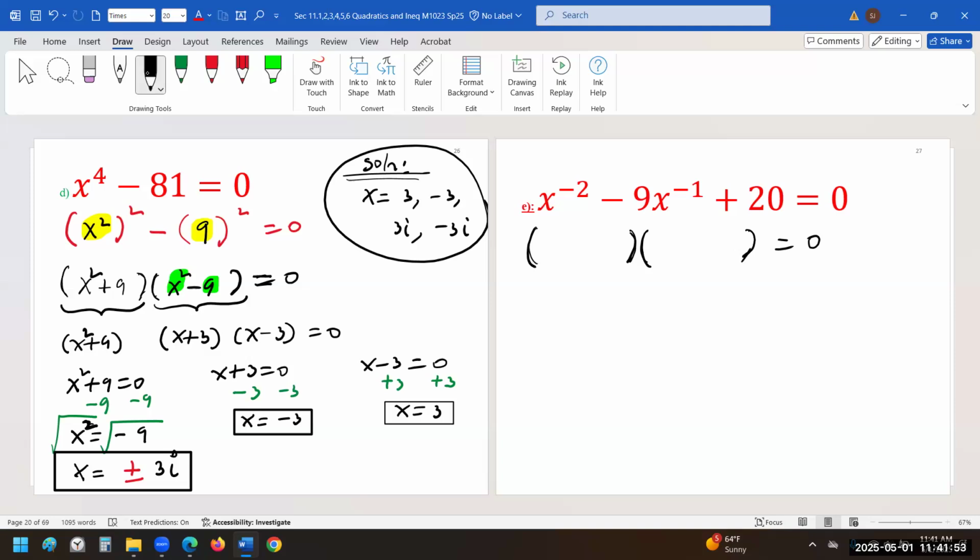Can you think of two numbers that multiply to 20 and combine to 9? Good. Negative 5 and negative 4. So how are you going to split x to the negative 2? x to the negative 1. And then try solving it.